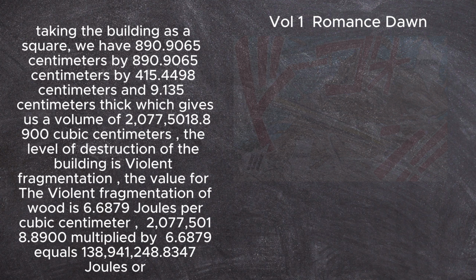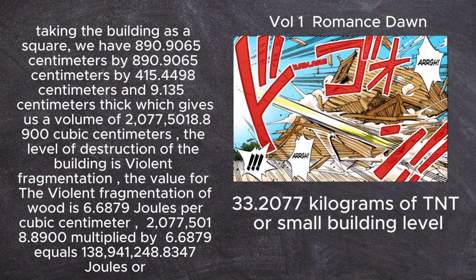The value for the violent fragmentation of wood is 6.6879 joules per cubic centimeter. 20,775,018.8900 multiplied by 6.6879 equals 138,941,248.8347 joules, or 33.2077 kilograms of TNT, or small building level.